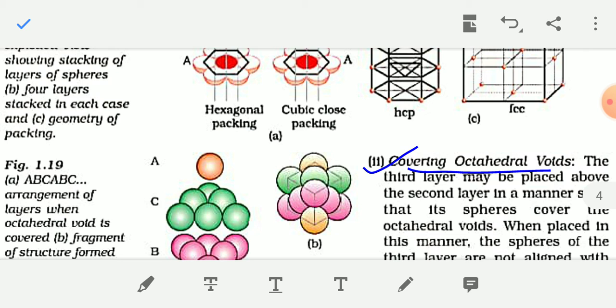From two-dimensional hexagonal close packing you get two different types of three-dimensional close packing: one is three-dimensional hexagonal close packing, written as AB type, and another is three-dimensional cubic close packing or face-centered close packing, which is ABC type.